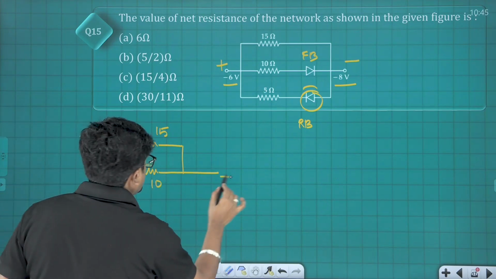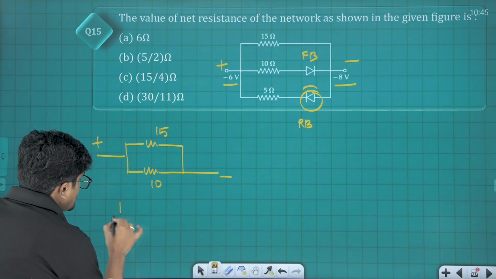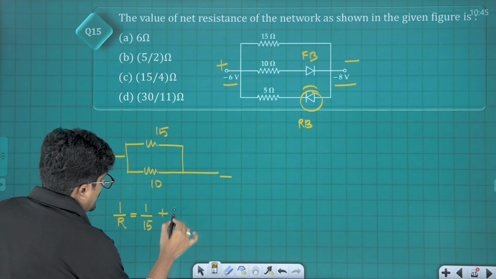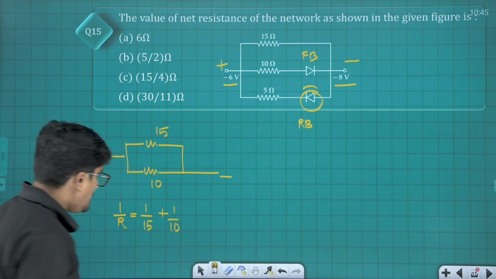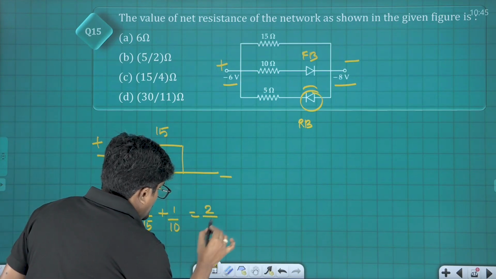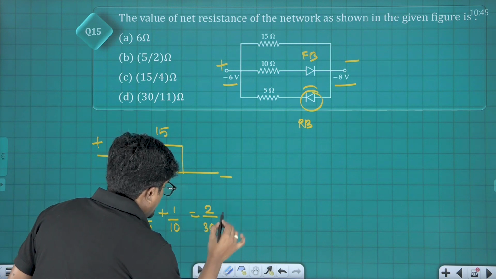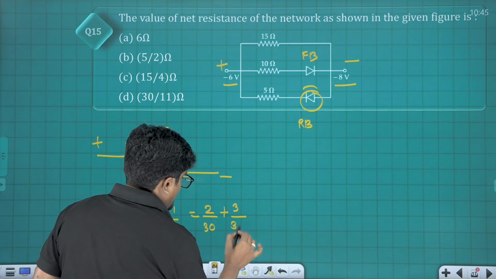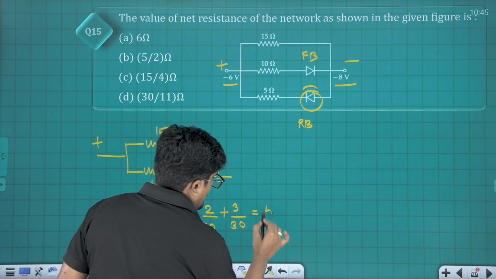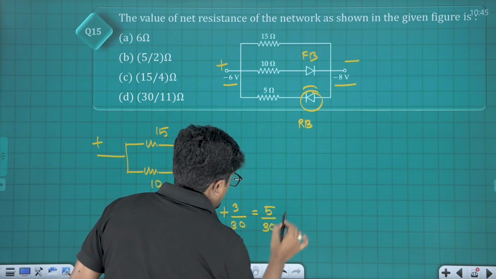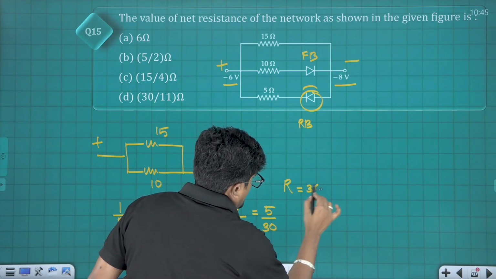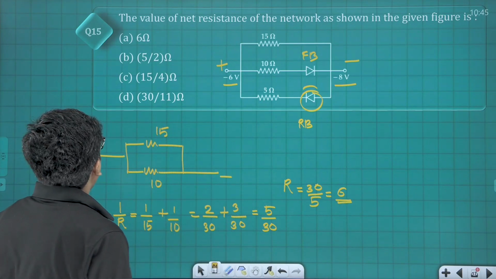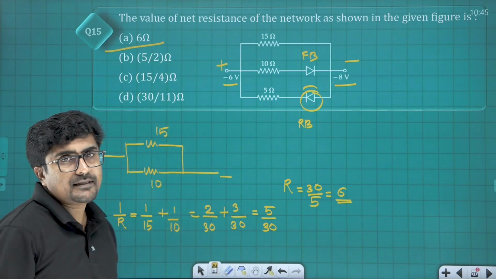Here this is positive and here this is negative. So 1 by R is now 1 upon 15 plus 1 by 10. So here this is 2 by 30 plus 3 by 30. So here this is 5 by 30. Now R is 30 by 5, that is 6, which means option A must be the correct answer.